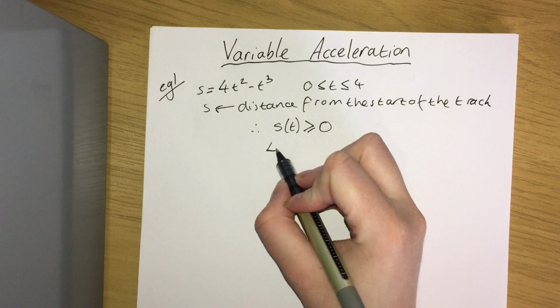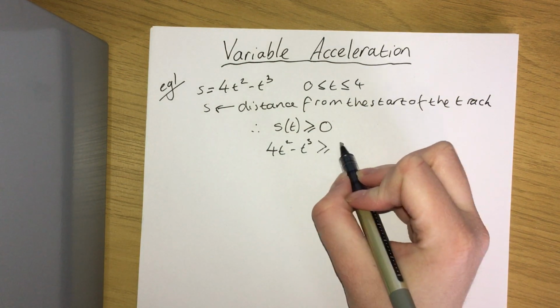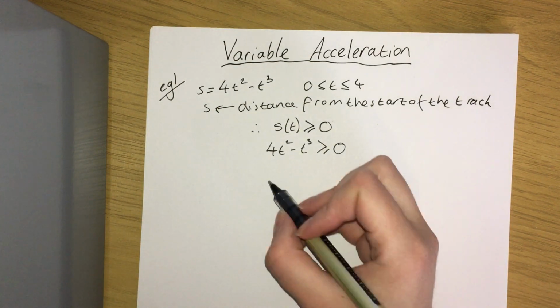As a result, 4t squared minus t cubed has to be greater than or equal to 0. Whenever we have a quadratic, cubic, polynomial, whatever it is, we generally want to be able to solve it, and this is going to give us our restrictions for t.